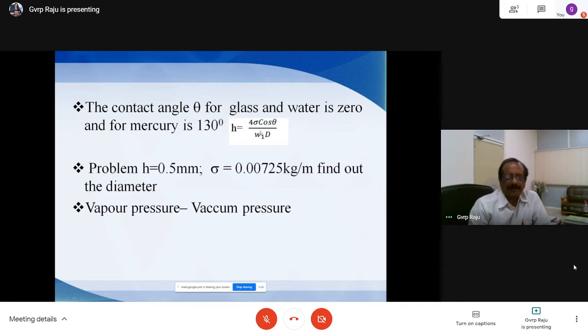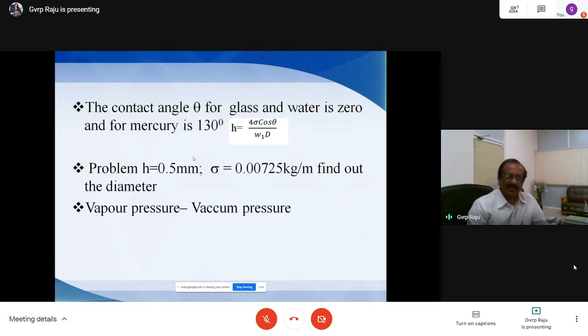And so you can take now cos 0 is 1 here. So this is capillary rise. So the capillary rise he has given is 0.5 mm. So you can convert 0.5 mm into meters. So 0.5 into 10 power minus 3. So 1 meter is 100 centimeters and 1 meter is equal to 1000 mm. These are very simple.